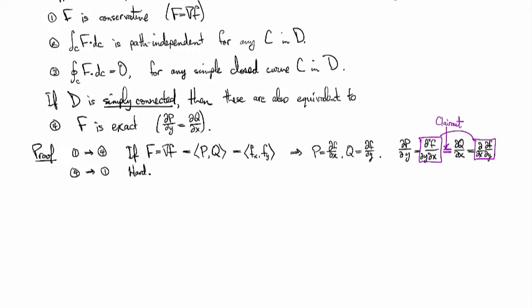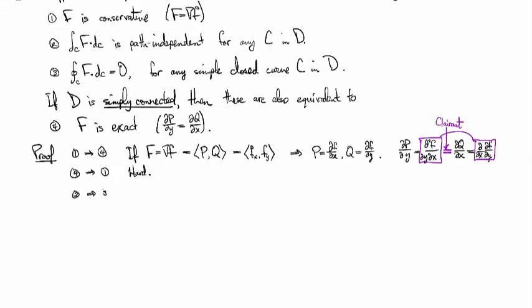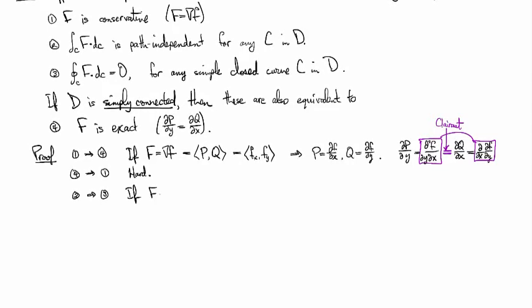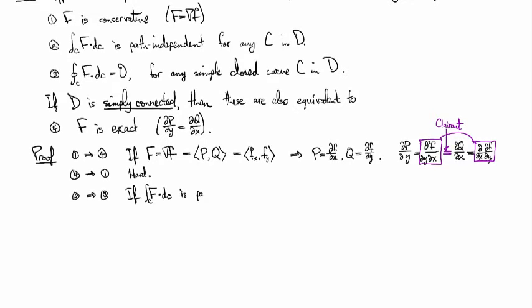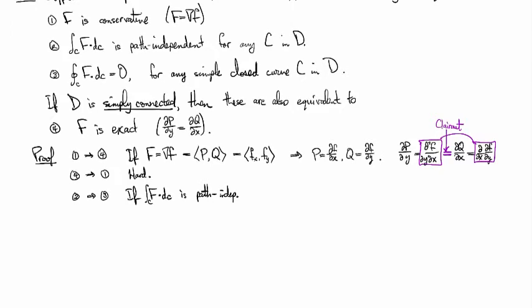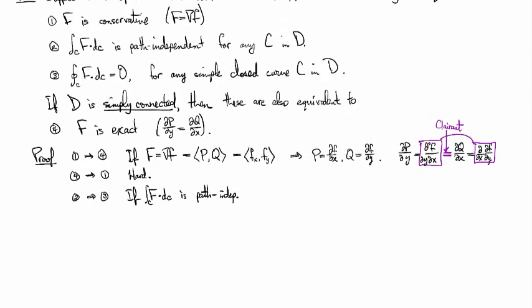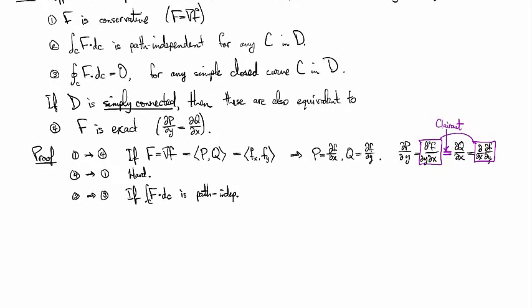Let's see. What about 2 implies 3? Okay, so suppose that the integral of f dc is path independent, right? It doesn't matter how you get from one place to another. All right. Well, then let's see.